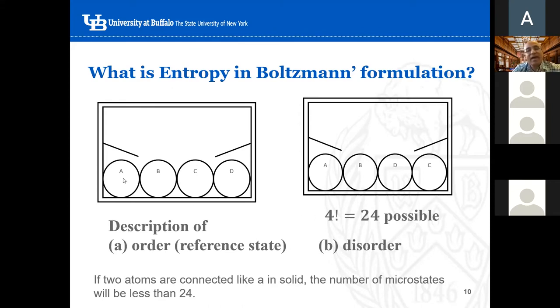But let's say I attach A and B together with a wire. Then instead of 4, I will have 3 independent systems. So as a result, I will still have a disorder, but instead of 24, I will have only 6 possible states.